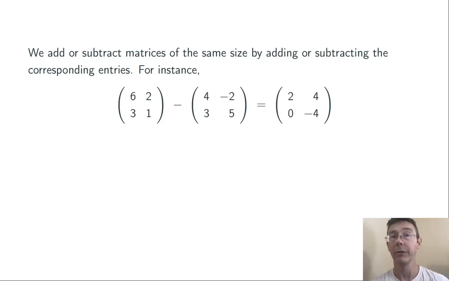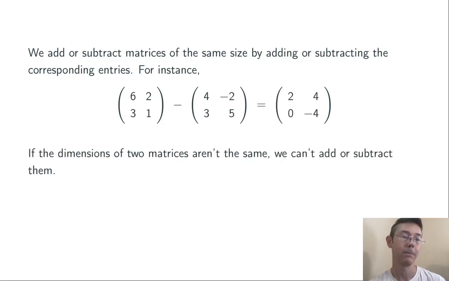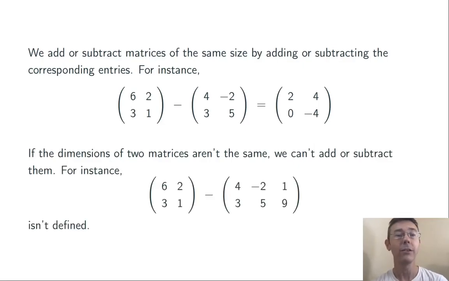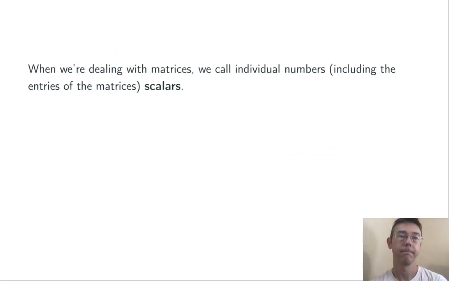Similarly, for the first row and second column, 2 minus negative 2 is 4, and so on. If you have two matrices with different dimensions, then the sum and difference are not defined, as in this example. This subtraction problem does not have an answer.